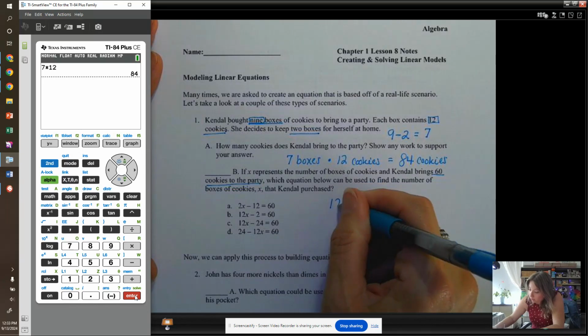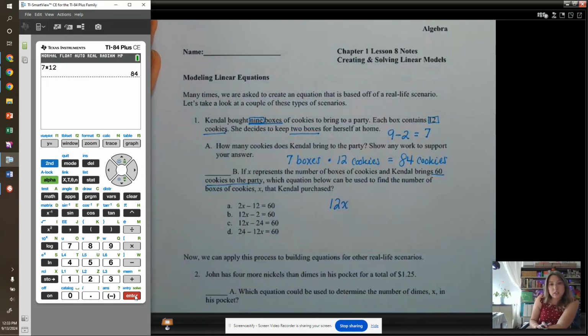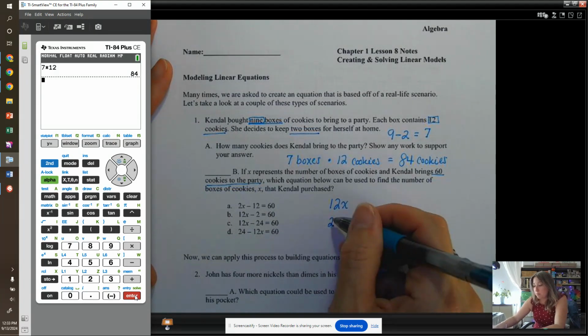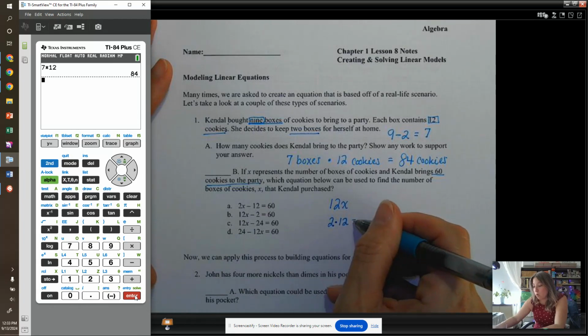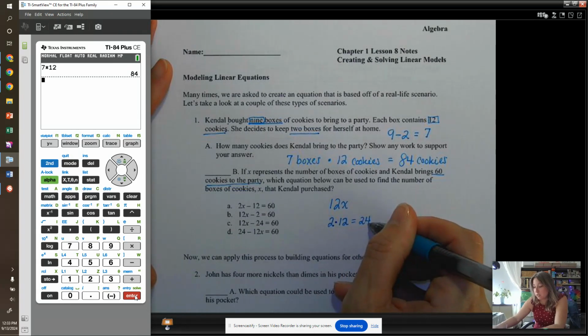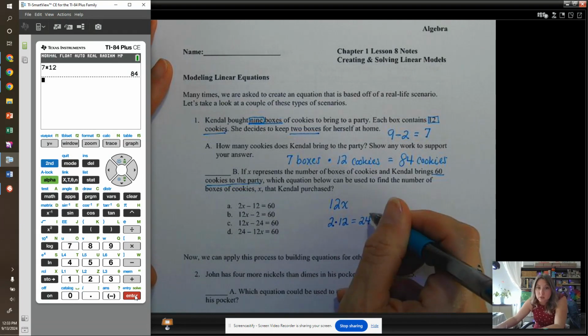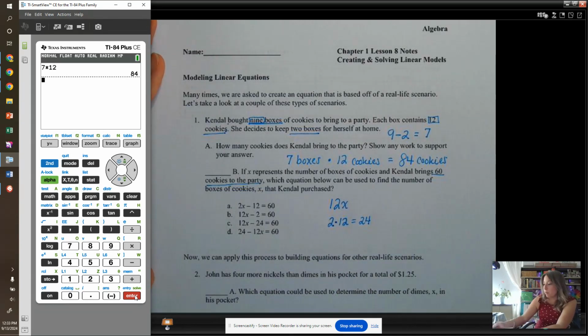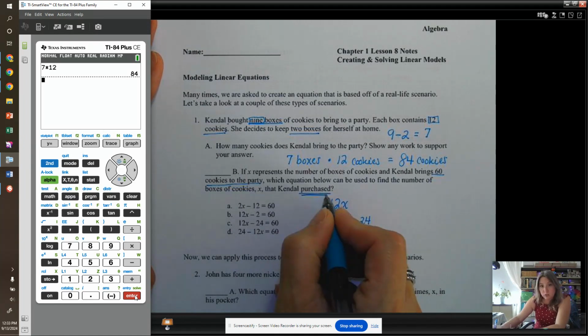So 12X would need to be present. We also know that Kendall wants to keep 2 boxes at home. So she is keeping 2 times 12, or 24 cookies out of the mix, right? We're keeping those 24 cookies, but we're looking at how many total she purchased.